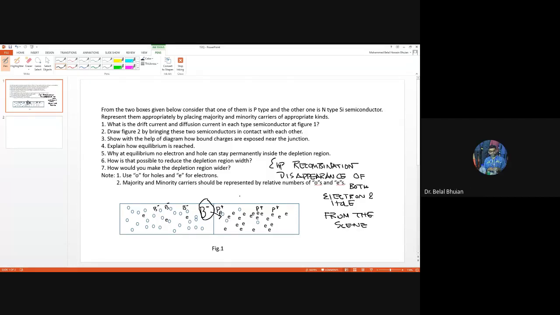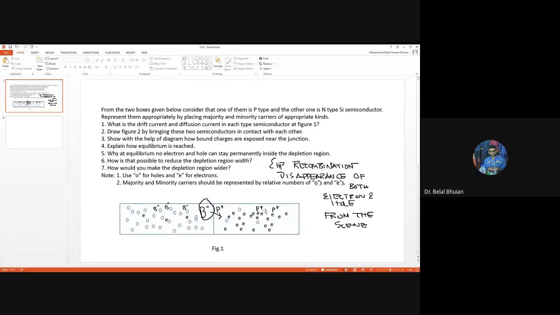So this hole will be gone and this electron will be gone. They neutralize each other, so they disappear.